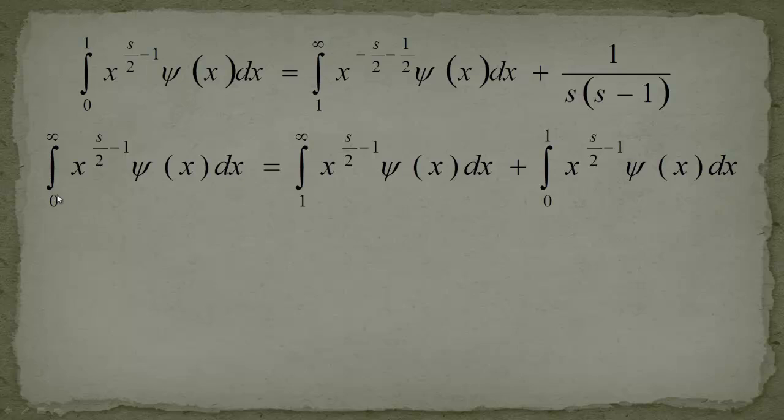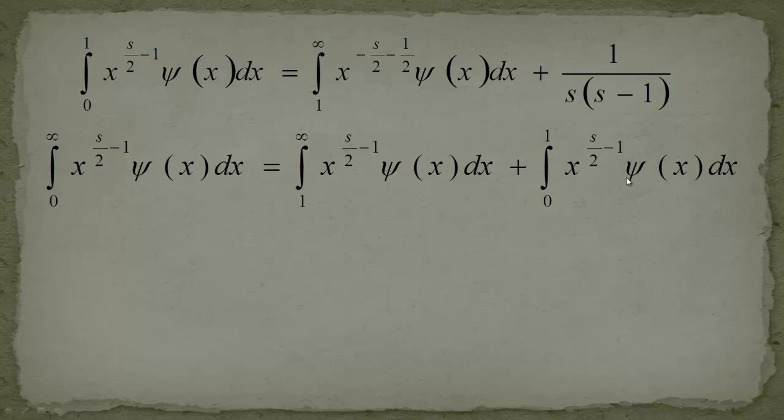What we did, we found out that pi to the minus s halves, multiplied with gamma of s half, multiplied with zeta of s, was equal to this left hand side integral. We split this up into two parts, from 1 to infinity and from 0 to 1.